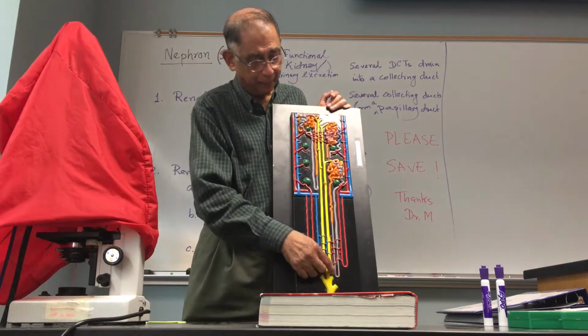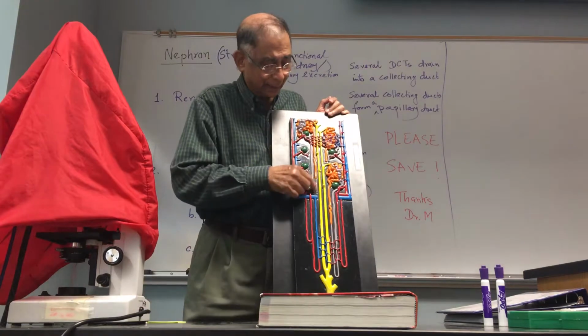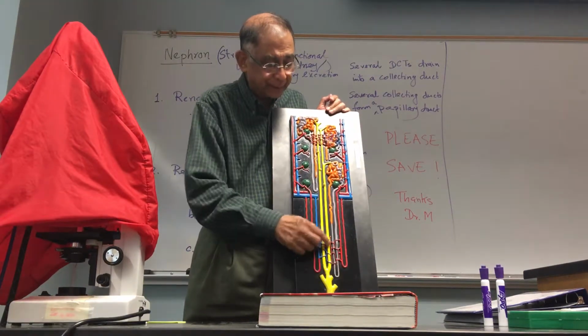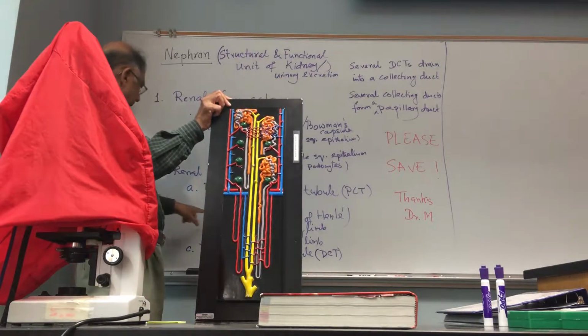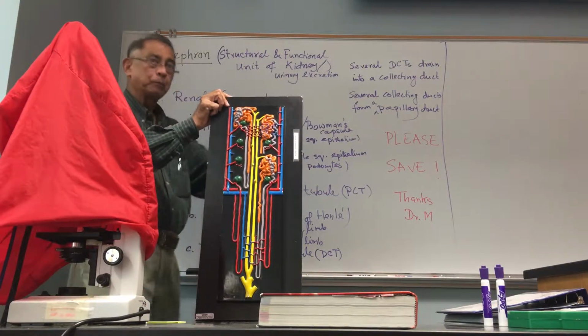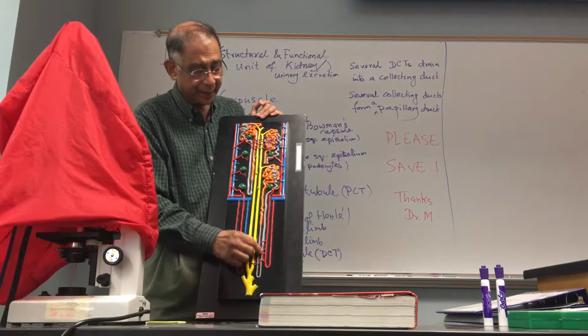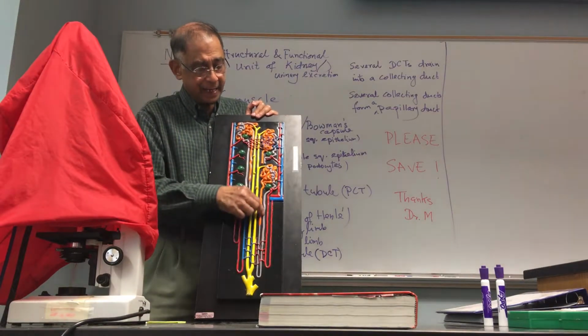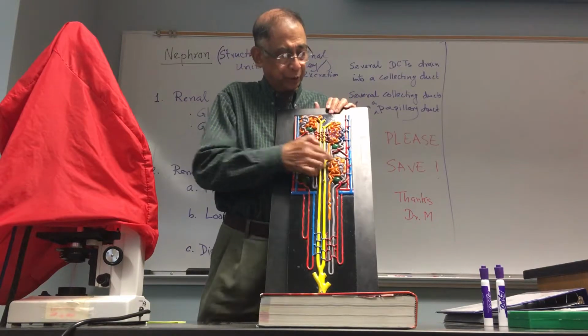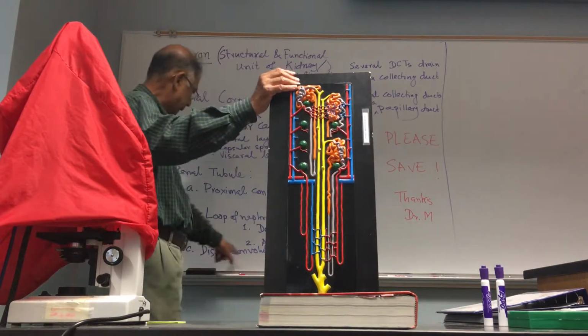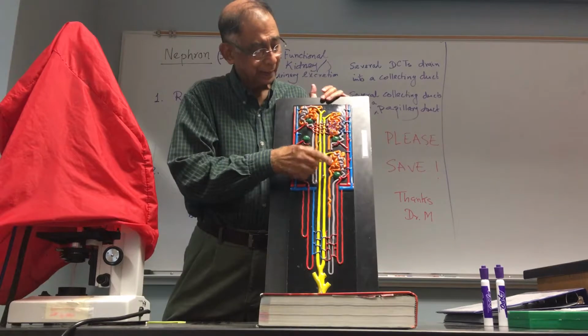Can you see the hairpin bend? Like this hairpin bend and this hairpin bend. Called the loop of Henle, or loop of nephron. And then coming straight up as the ascending limb of the loop of Henle. And then it again undergoes convolution called the distal convoluted tubule.